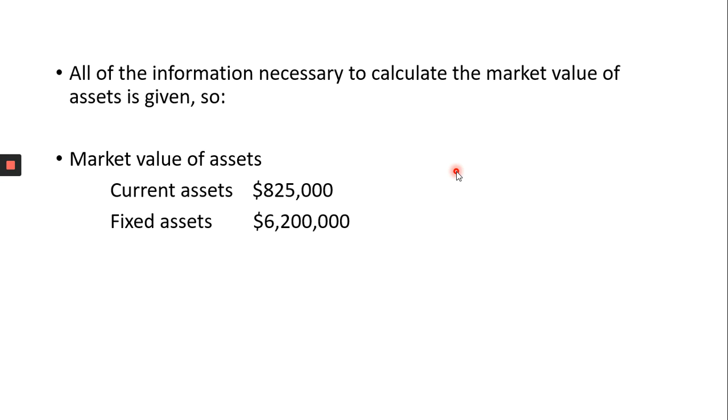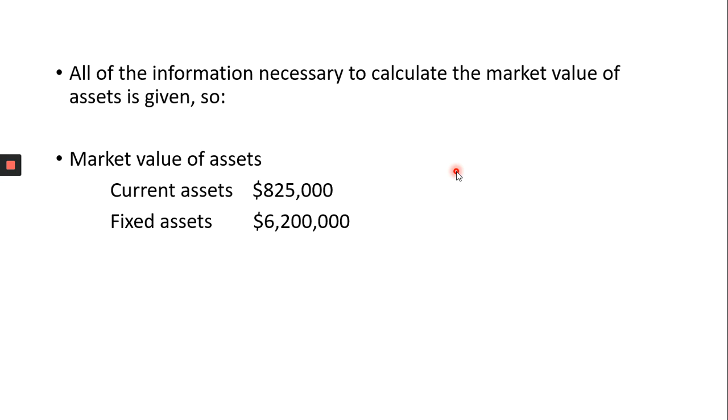The question says they can sell the current asset at $825,000, and that's the market value of the current asset. Remember, the current asset in market value is different from the current asset in book value, because in book value we only concentrate on what is written in the book, but here we concentrate on the value of this asset in the market.